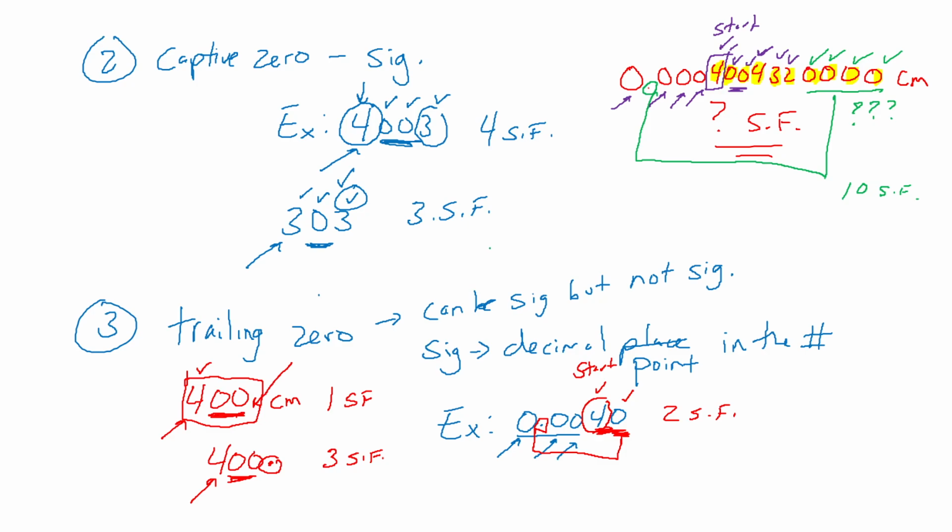So when we talk about significant figures, the zeros are kind of the important part, and it's really the part people have a lot of trouble with. We have zeros at the beginning, which are leading zeros, not significant. We have zeros that are trapped between two non-zero numbers. They are significant. And we have zeros at the end. They are significant if there's a decimal point written in the number. Remember, it needs to be written in the number for them to be significant.